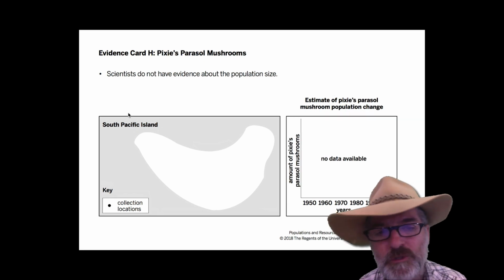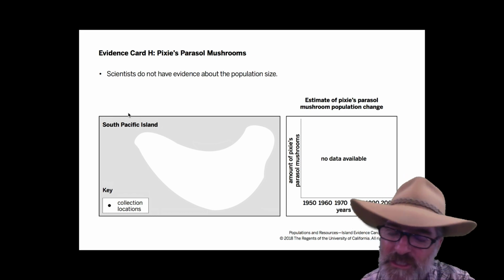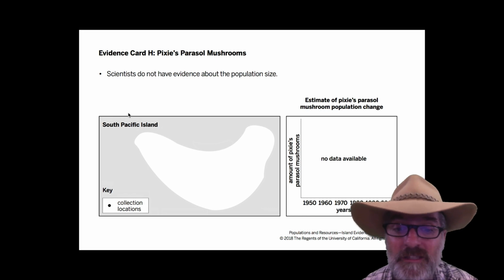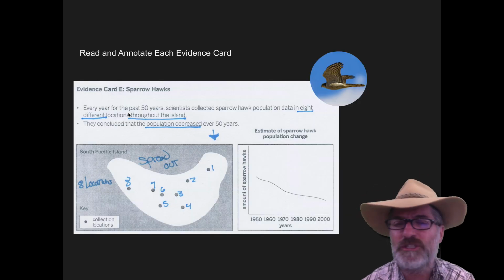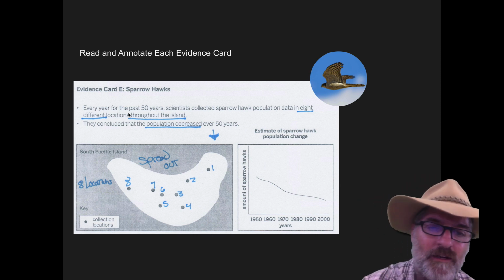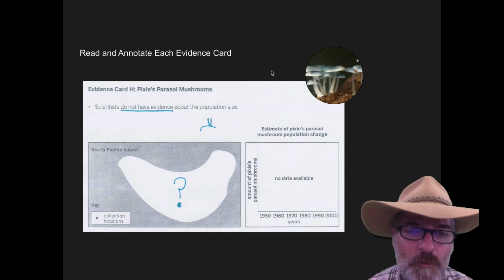All right. So you can stop, pause, and take a picture with your cell phone or sketch down and annotate. Some of these, actually, there was no evidence collected at all. Okay. So I'm going to show you 3 that Mrs. DeMeyer has done. She's going to go into way more detail, but this one is for the Sparrow Hawk, and you can see here she has some annotations here. 8 locations.